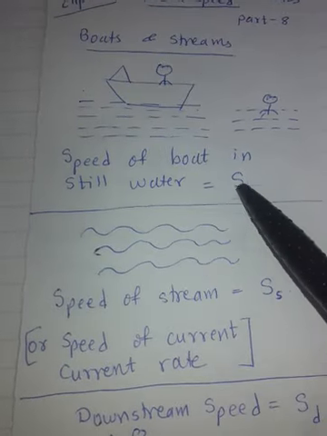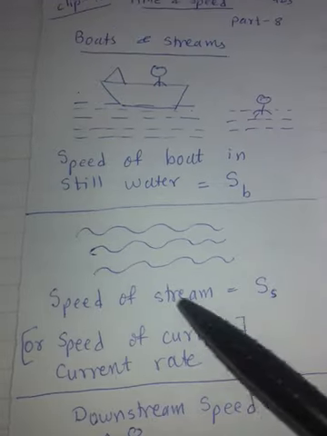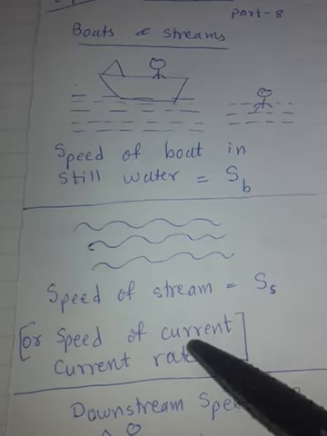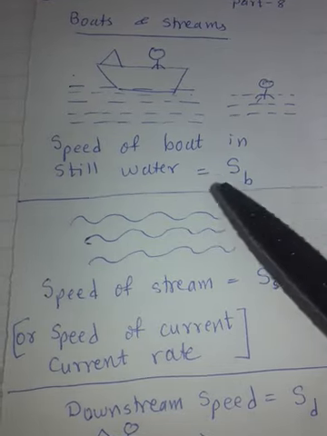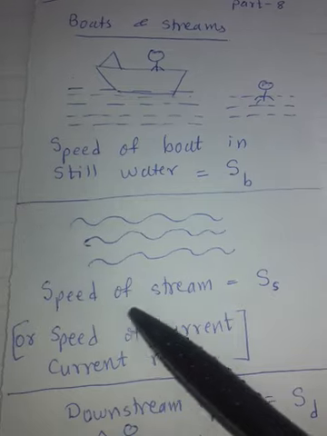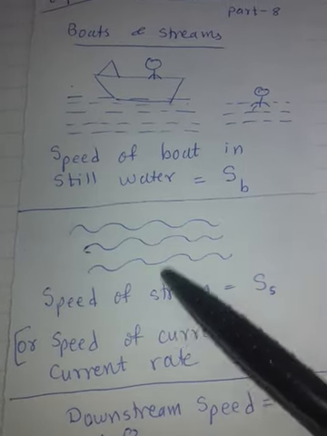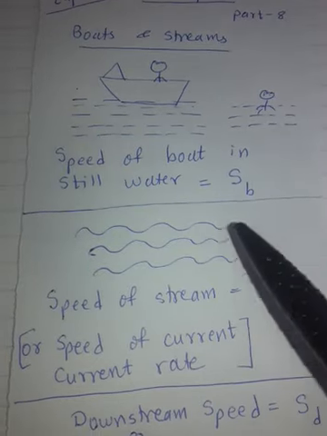Speed of boat SB. Speed of stream SS. This is also known as speed of current और current rate. ये जो पानी का current रहता है उसको current कहते हैं, stream कहते हैं या current कहते हैं, कुछ भी कहते हैं. Meaning is same, speed of stream. Understood these both concepts? So either water is still or water is flowing.